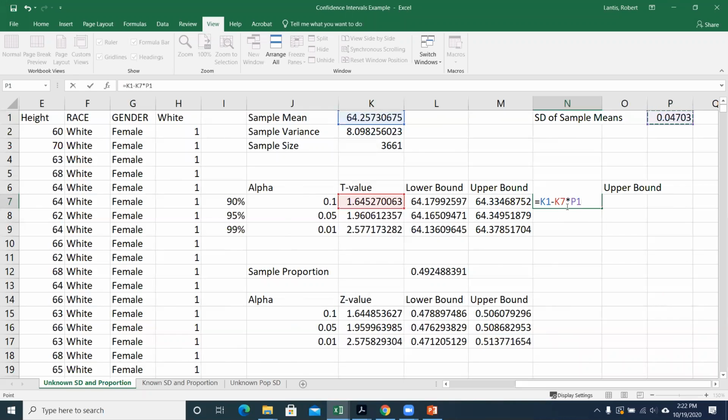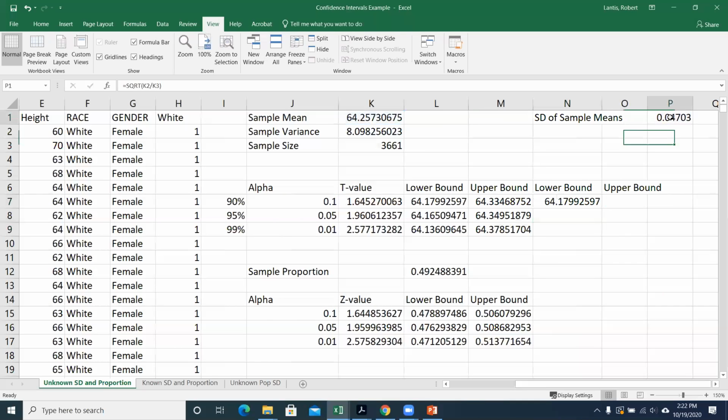So this is going to give me the same answer as this, because all I really did there was hide the intermediate step and write it all in one function. I knew that the standard deviation of my sample means is just the square root of my sample variance over my sample size. So instead of writing that function in, I could just reference a cell where I have that function. So 2 different ways of doing the same thing.